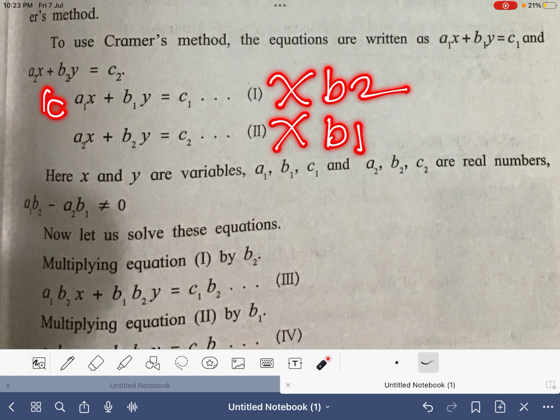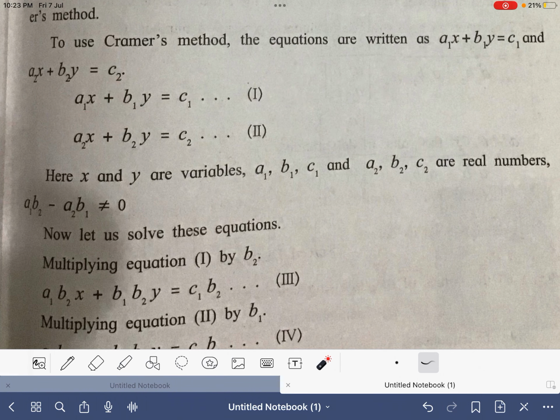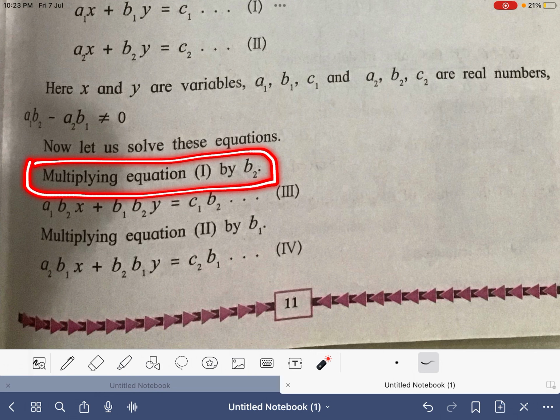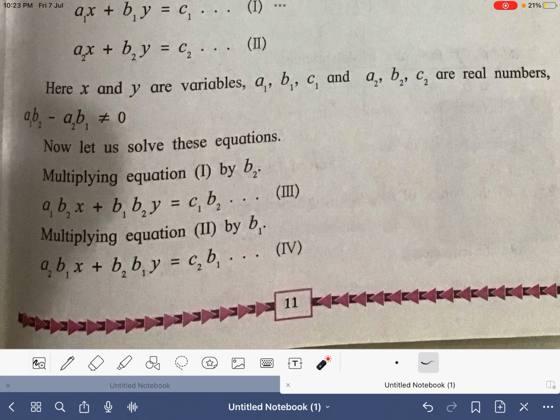Here we multiply equation 1 by b2. After this multiplication we get a1 b2 x, b1 b2 y, and c1 b2. This is the coefficient of x, this is the coefficient of y, and this term we call the constant.